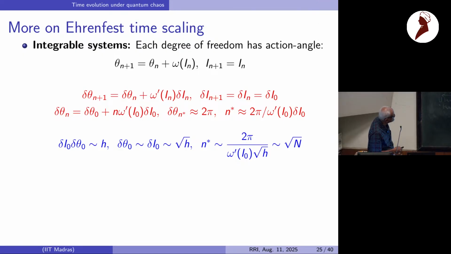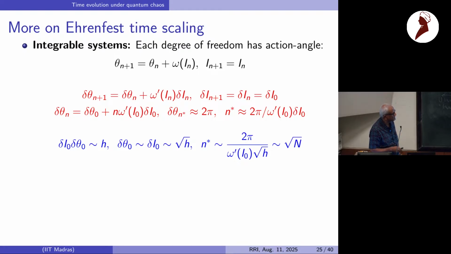Now, this is all classical. Now we argue that we are taking an initial quantum state which is minimum uncertainty. And this delta I_0, delta theta_0, which is the spread in the classical, should match the quantum h bar. We are starting from that. And we are not starting from any squeezed state, so typically both of these, delta theta_0 and delta I_0, will be scaling in the same way.